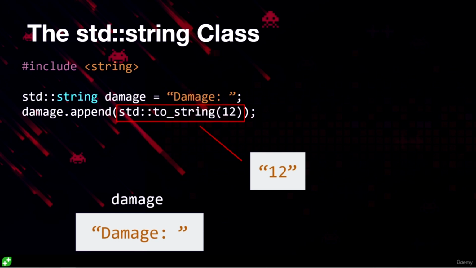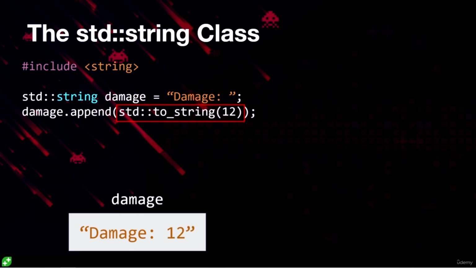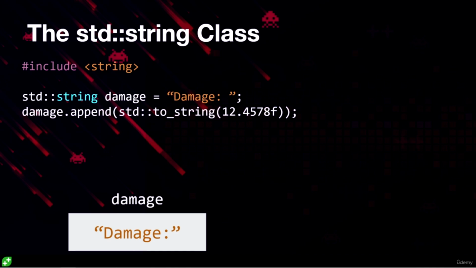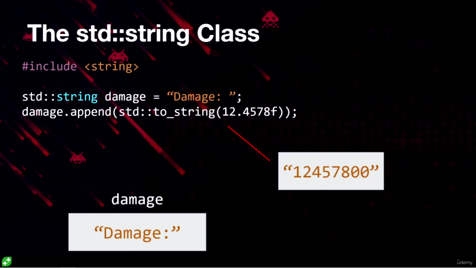Then calling append with that value will result in a string that contains the string equivalent of that number appended at the end. Now let's say we have a float and we pass that into toString, which we then pass into append. ToString will return a string object that contains the string equivalent of that number, but because this is a float, we have lots of digits.